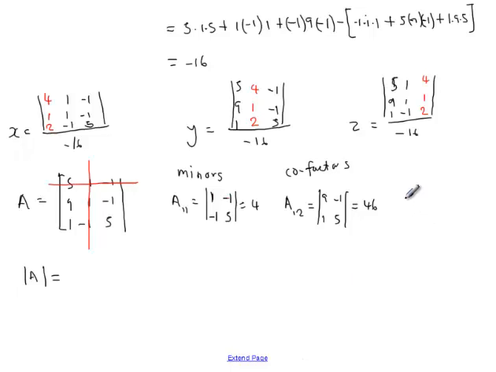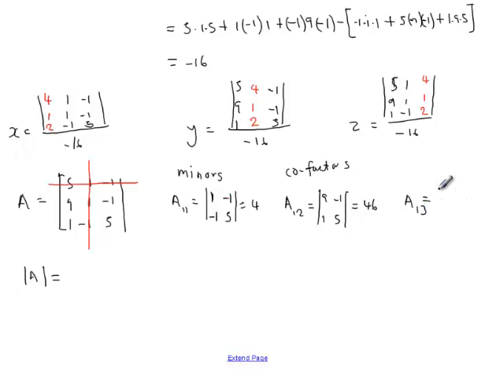Then I come to A1, 3. You see what I'm doing there? I'm moving along a row. You could also calculate the minus moving along a column. Any column, any row.